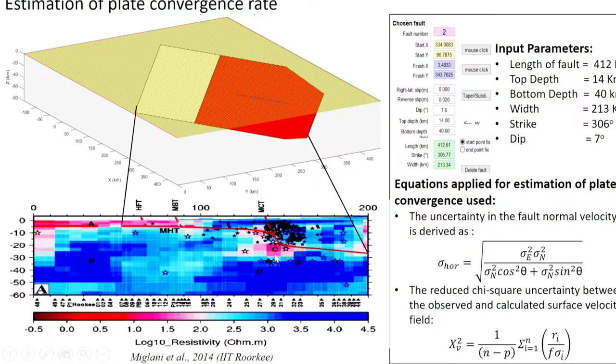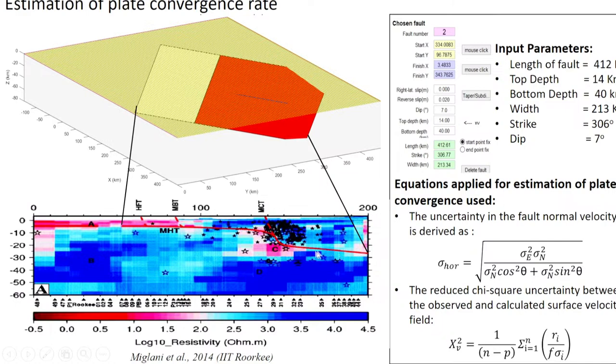One is the flow of the fluid, and another is the ramp of the Main Himalayan Thrust. Whatever strain is accumulating is released in the form of small magnitude earthquakes. Also, fluid migration is taking place due to the potential difference, and it is also causing earthquakes in this region.